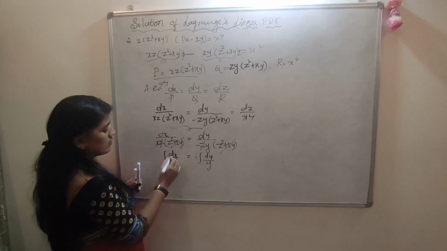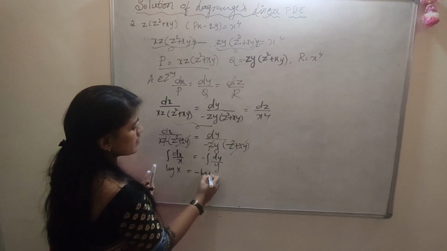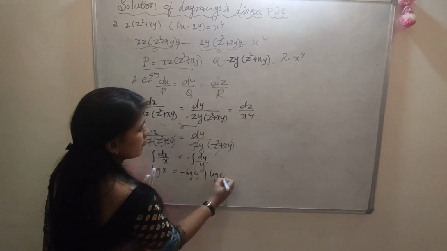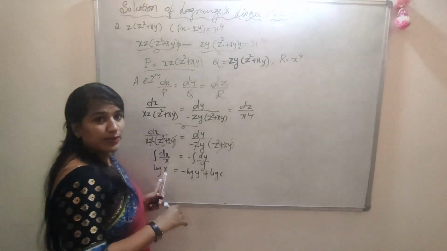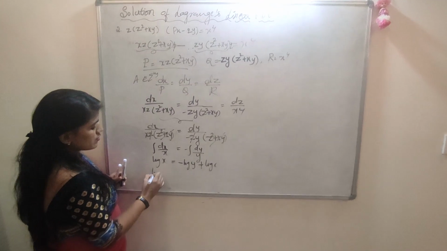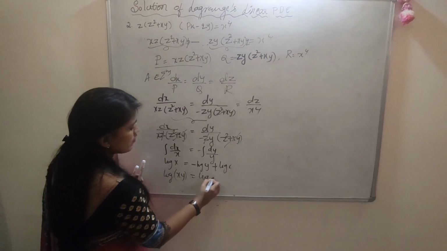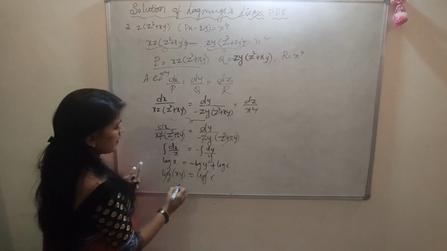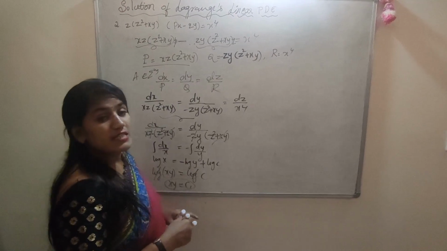So, integration of 1 by x is log x is equal to minus log y plus log c. Shifting minus log y to this side, plus log y. Log m plus log n is log mn. So it is log xy is equal to log c. Log and log get cancelled. So one solution we got: xy is equal to c1.